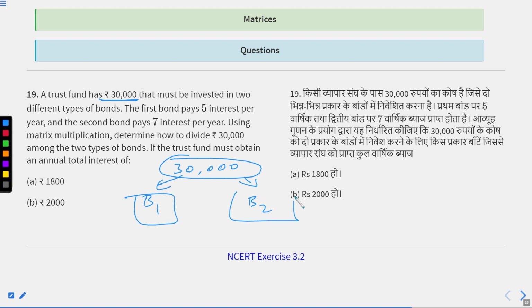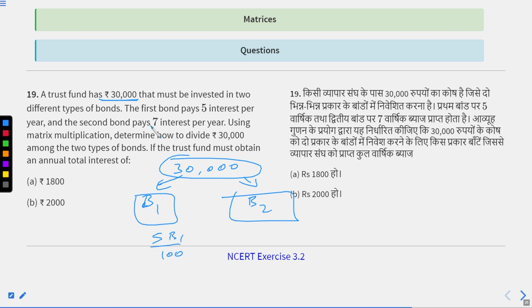The first bond pays 5% interest. Suppose in this bond we have B1 money. We don't know yet how much money we are going to put, but let it be B1 money. So 5% of B1 will be 5 B1 by 100.